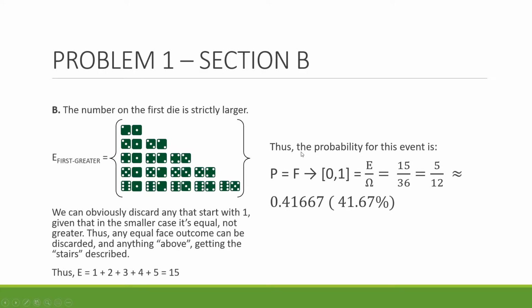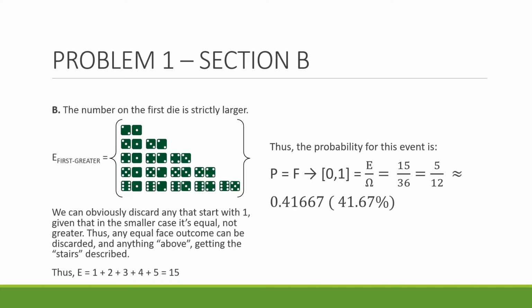Section B asks us to find the combinations so that the number on the first die is strictly larger. So since we want a number that is larger than the second one, we need to discard any that start with a 1, because in the best case scenario, we're only going to get a similar number, which is 1 and 1.